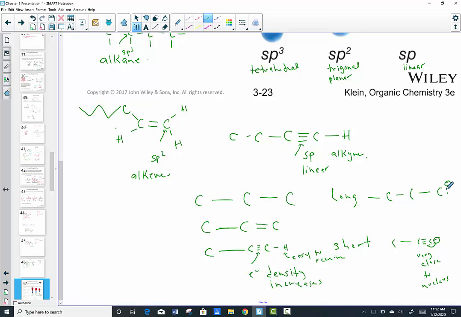So all of that is to talk through orbitals. When you compare a triple bond, which we called an alkyne, the bond distance between these two carbons is very short. That makes this hydrogen very easy to remove. I should maybe say easier.